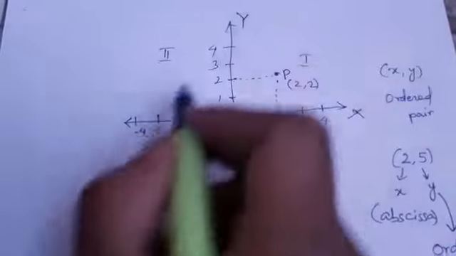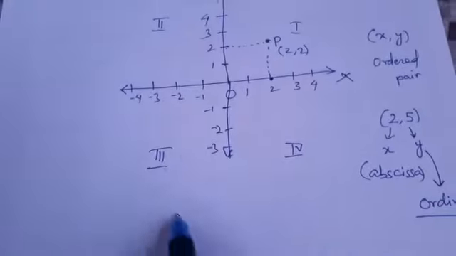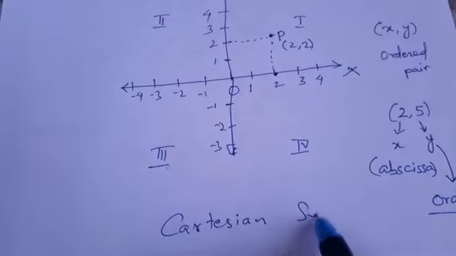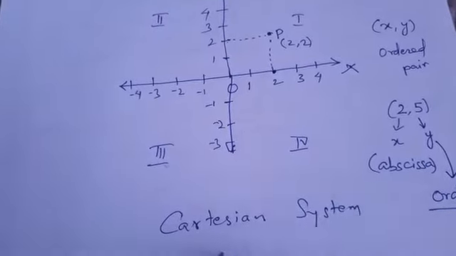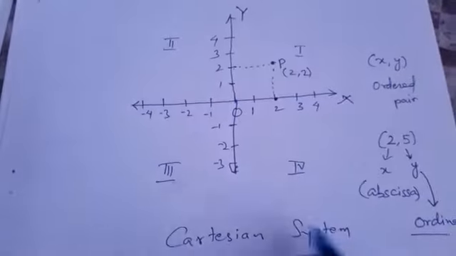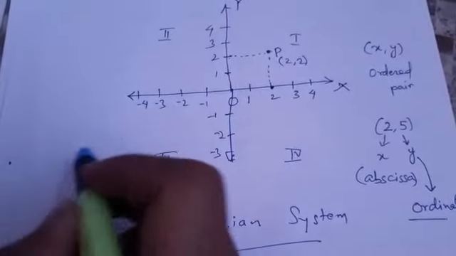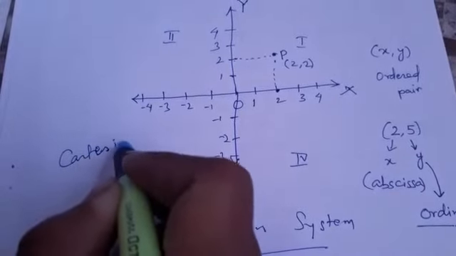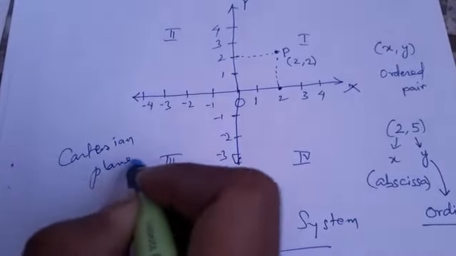This system is called the Cartesian system, and the plane is called the Cartesian plane.